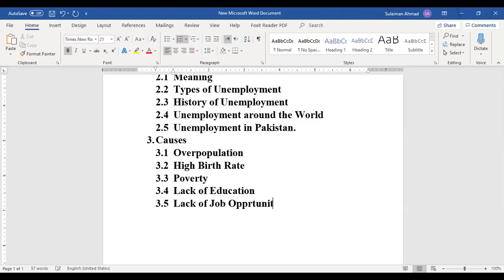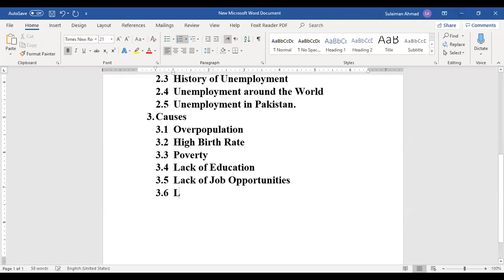What else was there? No government access. Low governance. What else was there? Corruption.